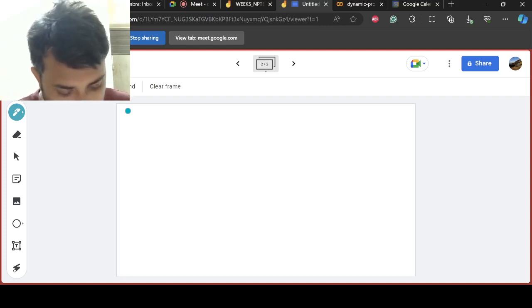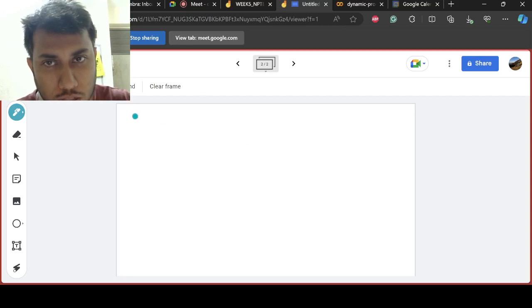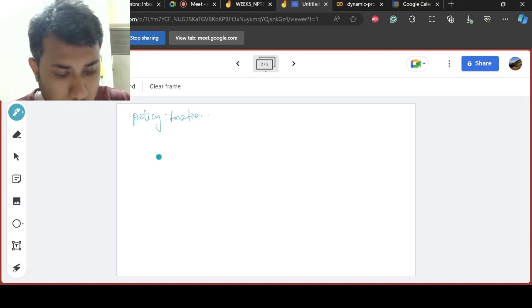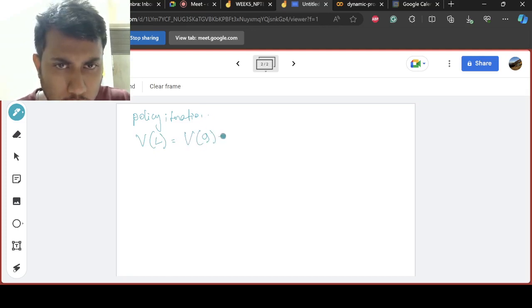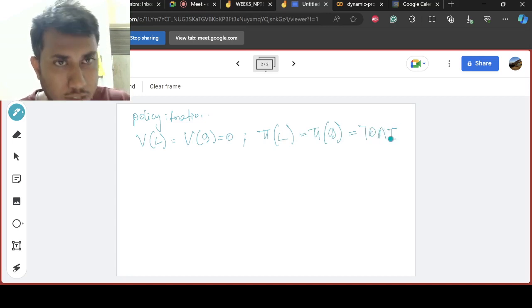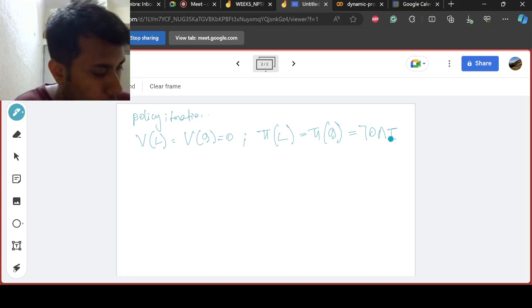So first, what we will try to do is value policy iteration. Initially you have VL equals VQ equals 0, and pi of L is equal to pi of Q is equal to no organ and incense. This part is given in the problem definition.